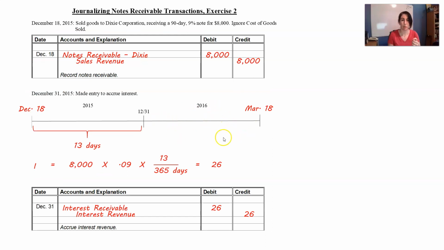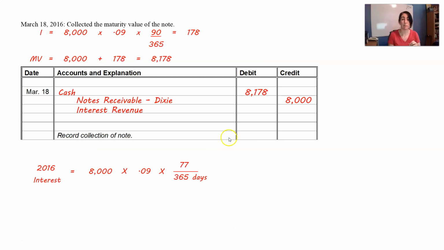We are going to look at the 2016 period, and that is 77 days. That is the revenue, because revenue can't be recorded twice. You already recorded 13 days of it, now you need to record the other 77. So we are going to say 77 over 365. And that winds up being $152. So we're going to record interest revenue of $152.